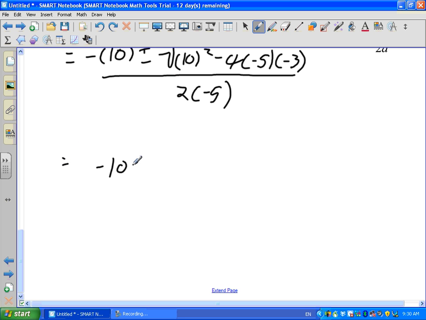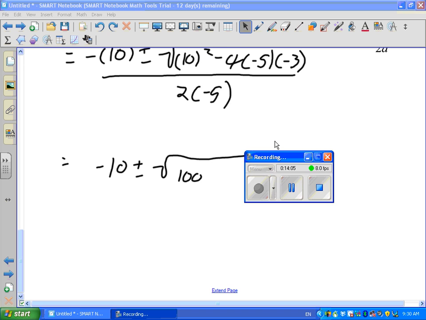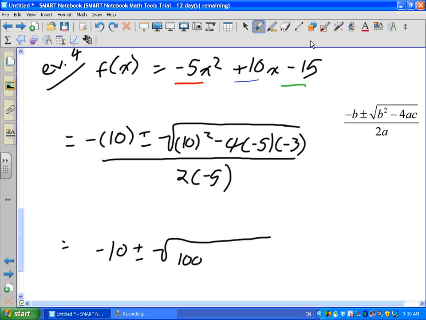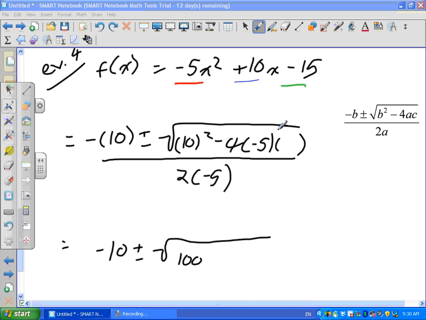Now I'm going to quickly go over this part. Negative 10 plus or minus the root of 100. Here is what's important. Negative 4 times negative 5 is what? Alright, sorry, we're going to change C to negative 15. I had to make this up. So we have our negative 15.